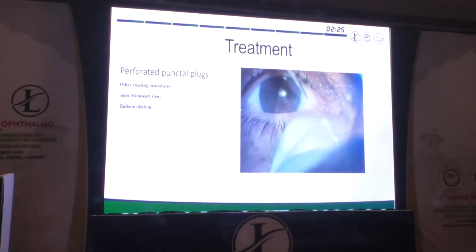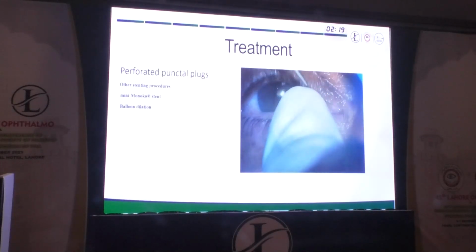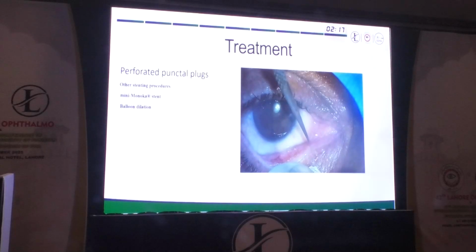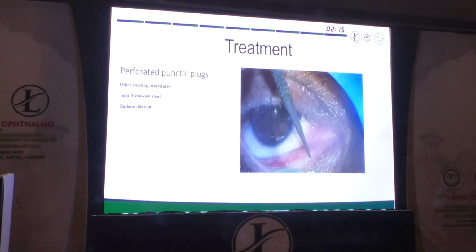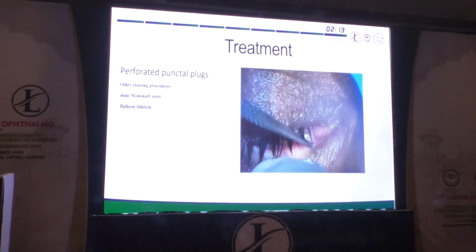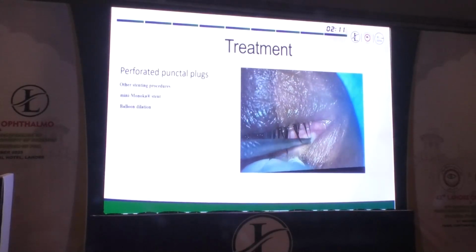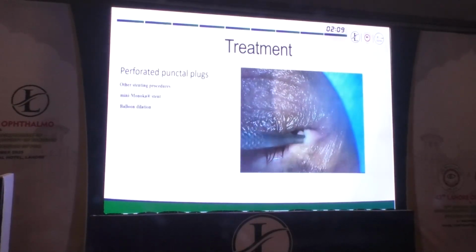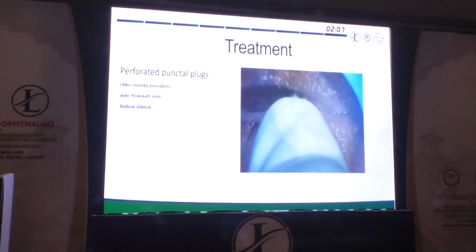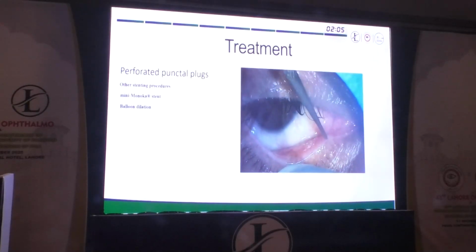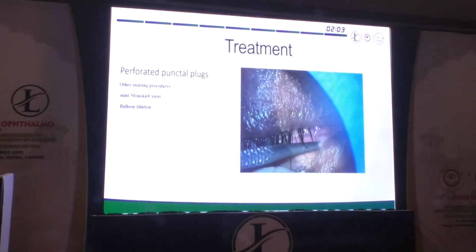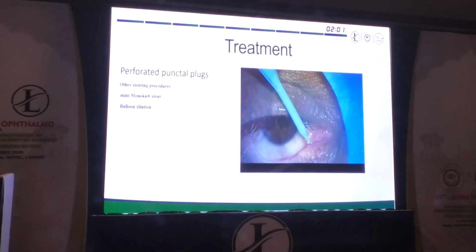So one of the ways to manage it is perforated punctal plugs. I'll just show you this movie, how we use it. So you dilate the punctum with a punctum dilator, and you need to dilate it quite vigorously so that the plug can be placed easily.